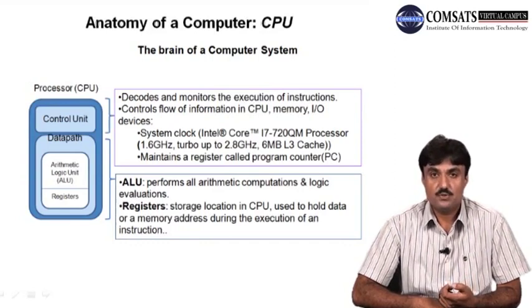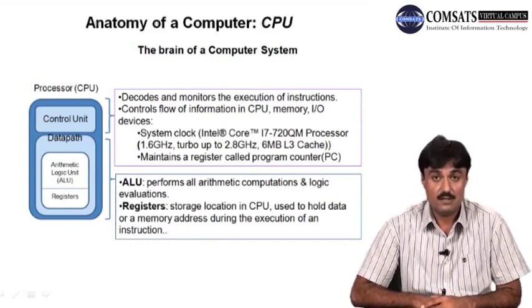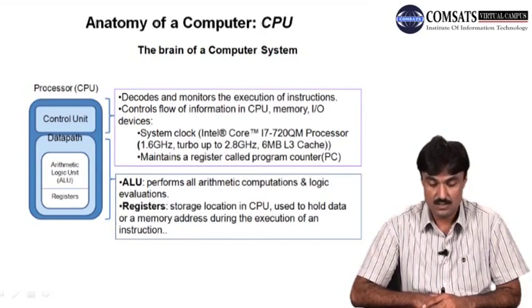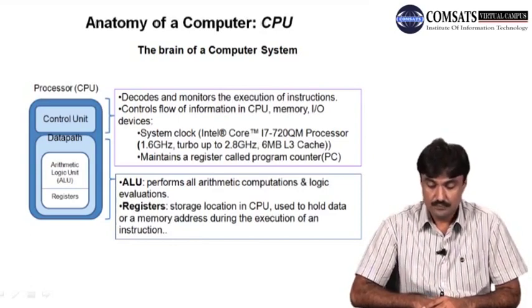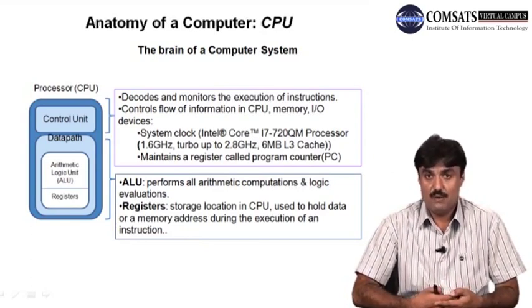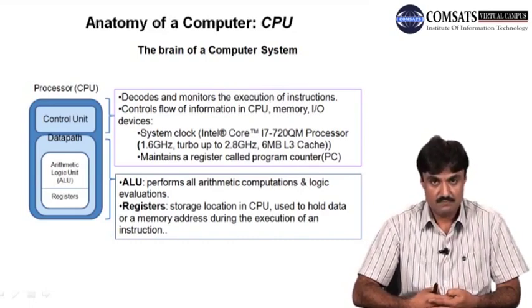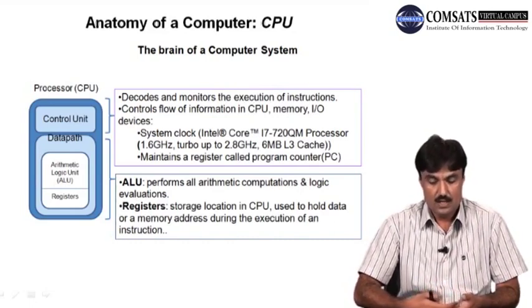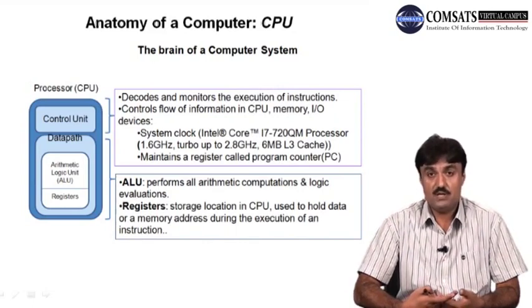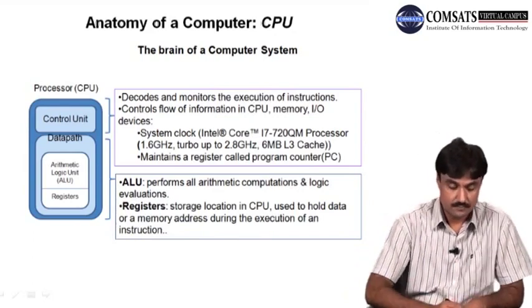They can store 32-bit, 16-bit, or 8-bit information inside the CPU. These small memory locations inside the CPU can hold data, an address, or any instruction which is being executed by the microprocessor or central processing unit.